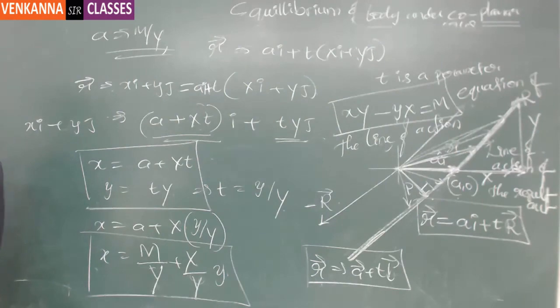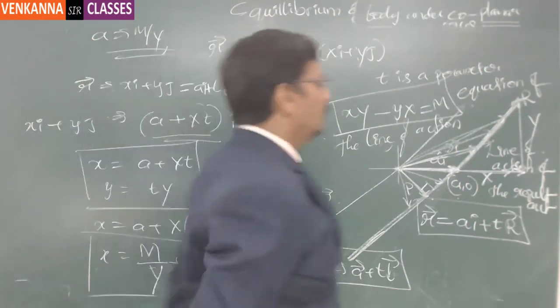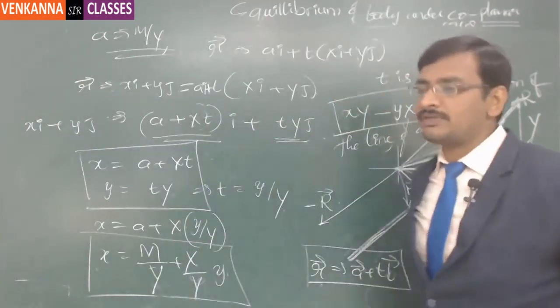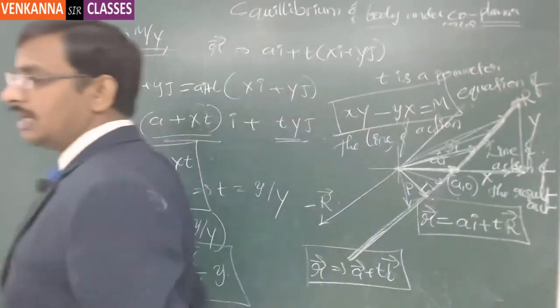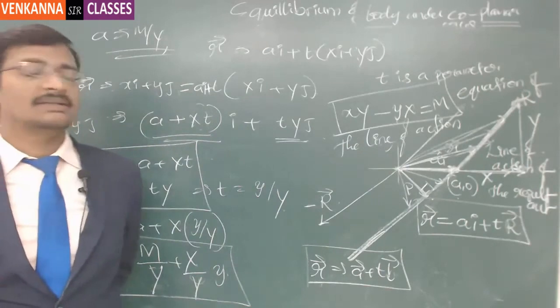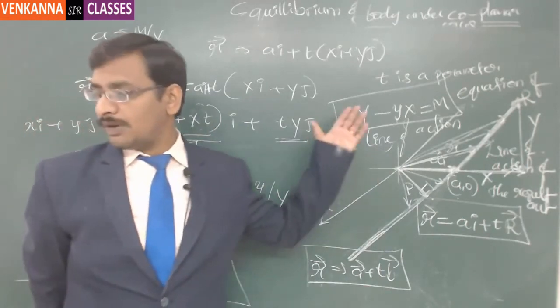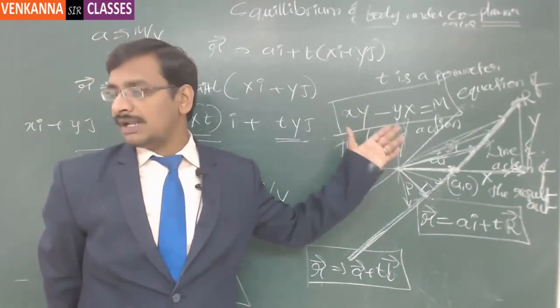Got it? So you can remember this because in case there are multiple coplanar forces acting on a plane, then the entire thing can be found with the help of this particular equation, that is the line of action of the force.